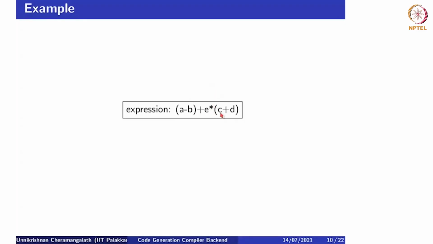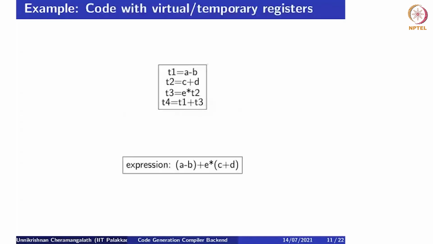The point here is that these expression values need to be stored in temporary registers or virtual registers, that you have seen in LLVM, like %1, %2. These temporary variables are not present in the actual code. So this is the final expression.